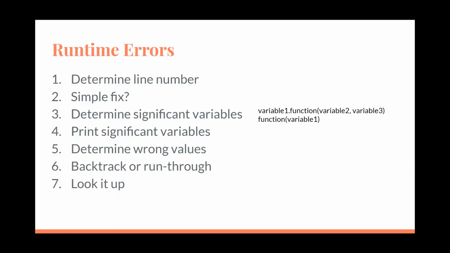But in that case, let's say variable 1 here is null. Well then, of course you can't call a function of null or none, so that could be causing the error. Let's say variable 2 is null or none, and the function is not supposed to take in a null value. That could be causing the error.